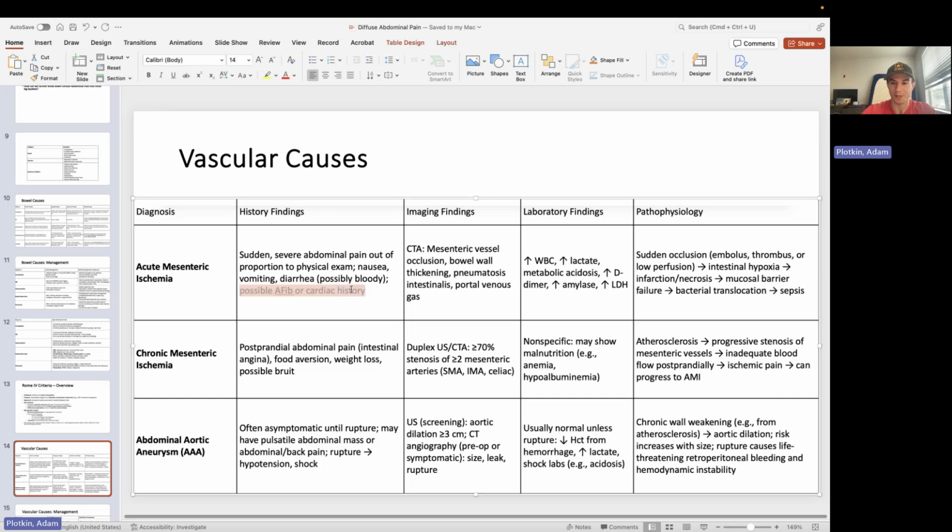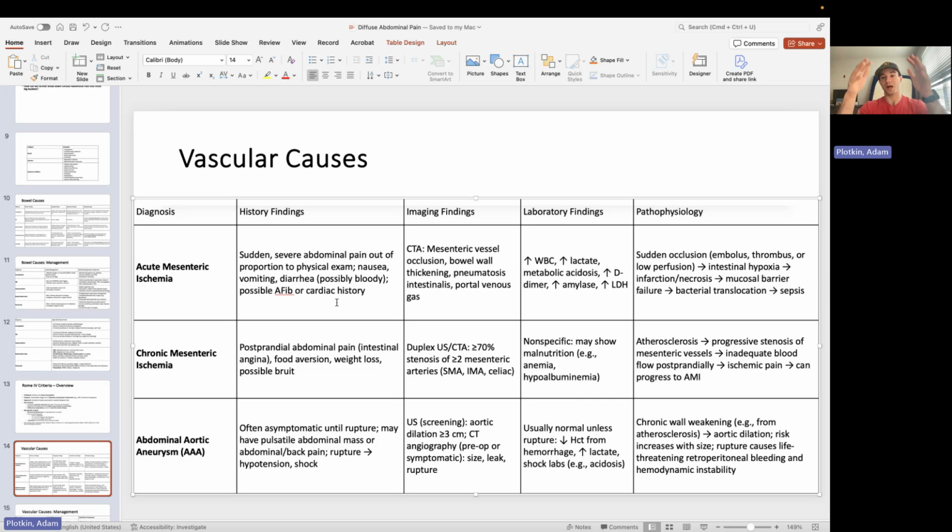They might have a history, and probably, for USMLE Step 1 and 2 for sure, they'll have a history of some sort of cardiac disorder, especially AFib. I'll do a whole lecture on AFib. But remember, it could be the right atria, but it's classically the left atria, where we get some sort of abnormal foci starting from the pulmonary veins that can shoot out.